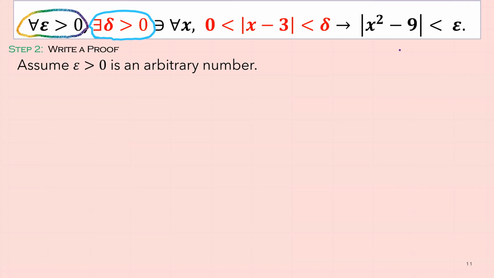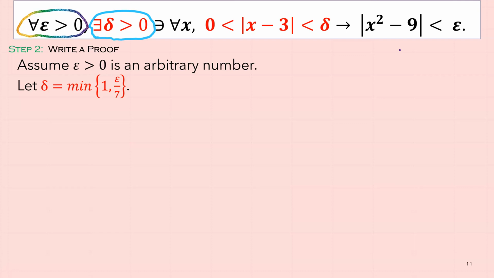There is a delta; we've got to show one. So given that arbitrary epsilon that someone just gives you, we would say, I'm going to go ahead and let my delta be the minimum of 1 and epsilon over 7. That's why we did this scratch work, so that we can claim that delta.